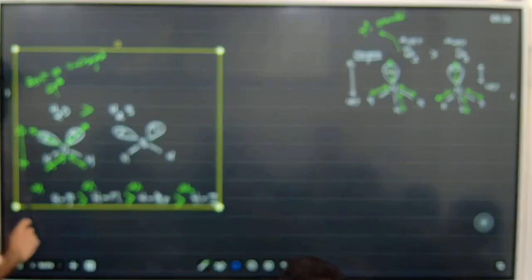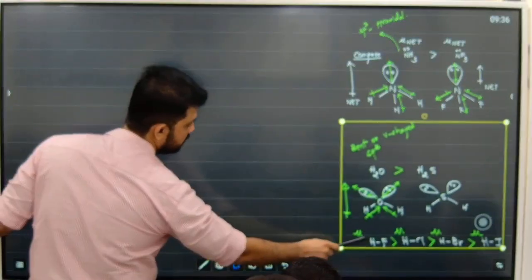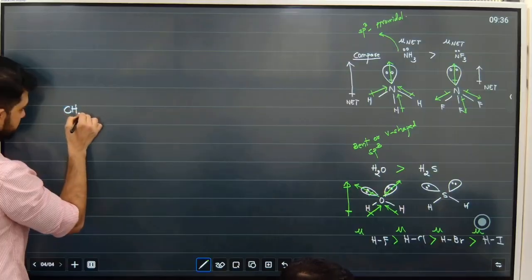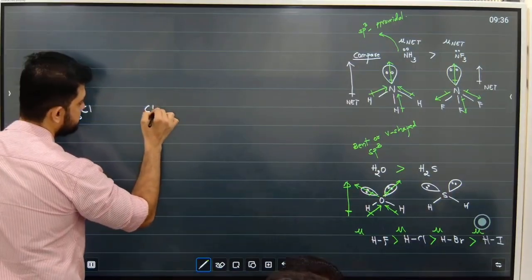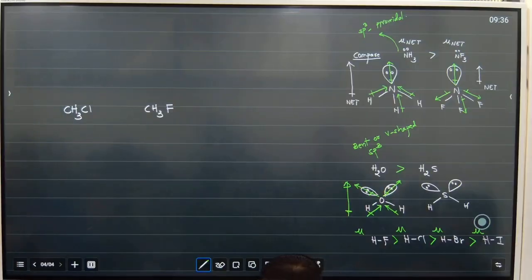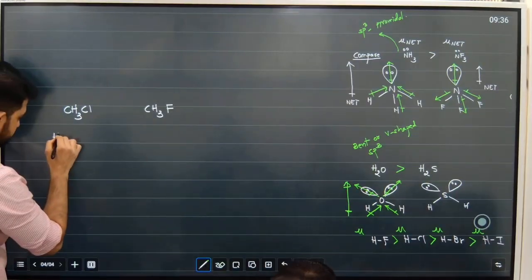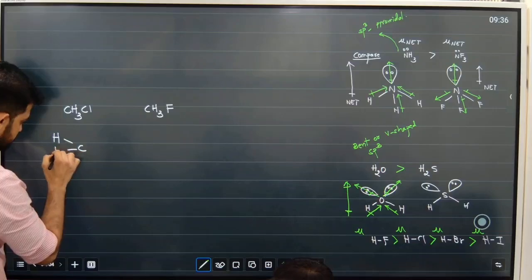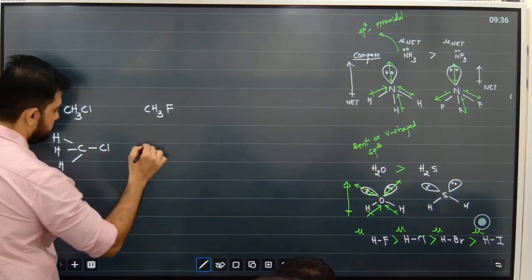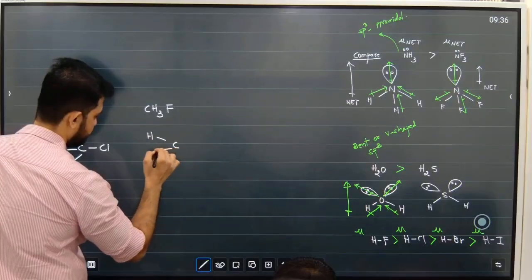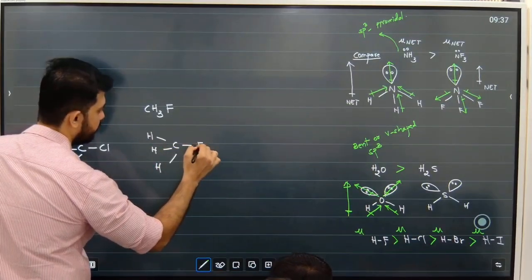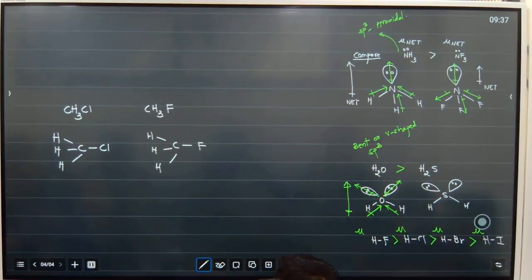However, there is an exception over here when you compare CH₃Cl and CH₃F. This is CH₃Cl, and this is CH₃F.